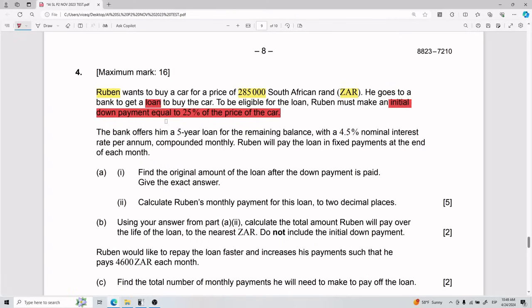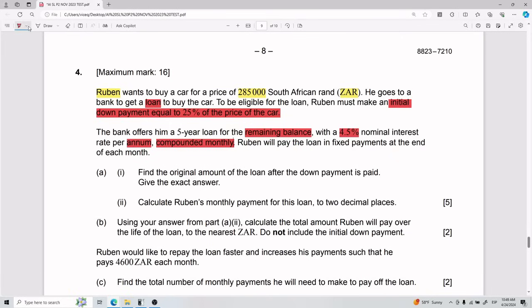And so the bank, if Ruben decides to do this, offers him a 5-year loan for the remaining balance. First he pays, and for the remaining balance, he's going to have to pay back at a 4.5% nominal interest rate per annum, compounded monthly. There are so many buzzwords here, it's crazy, but we'll go piece by piece.